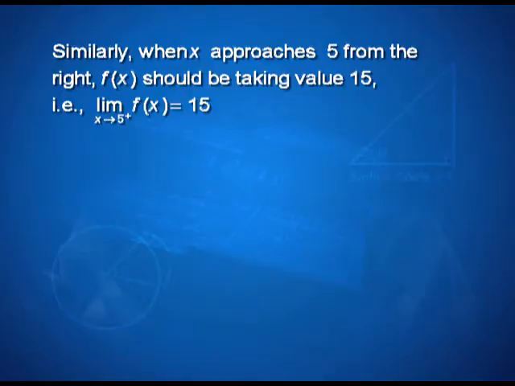Similarly, when x approaches 5 from the right, f of x should be taking value 15, that is, limit f of x when x tends to 5 plus is equal to 15.